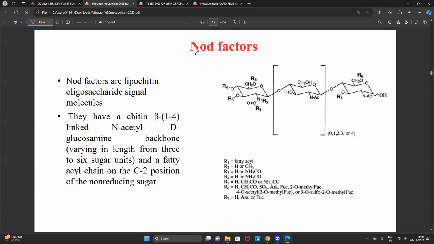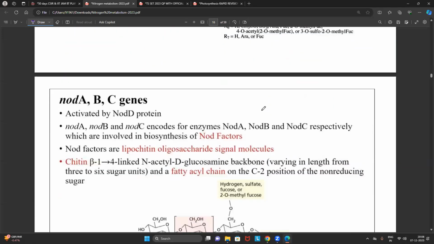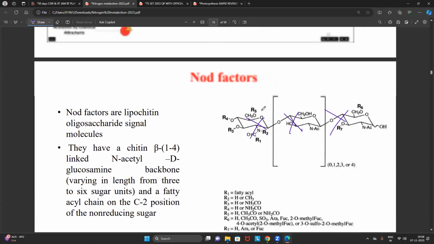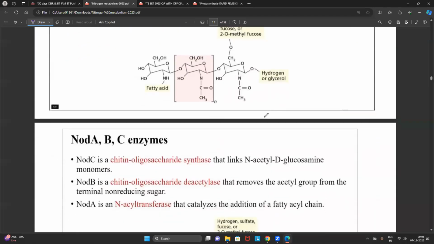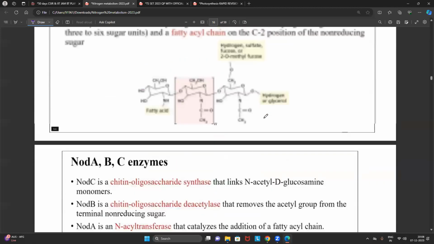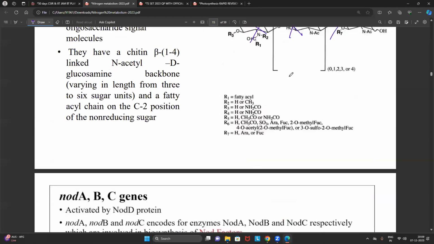What are the types of NOD genes or NOD factors? I don't encourage all the students to remember the structures, but I want you to remember the structural properties. First of all, how many NOD genes or NOD factors are there? All the students remember, there are two types of NOD genes.